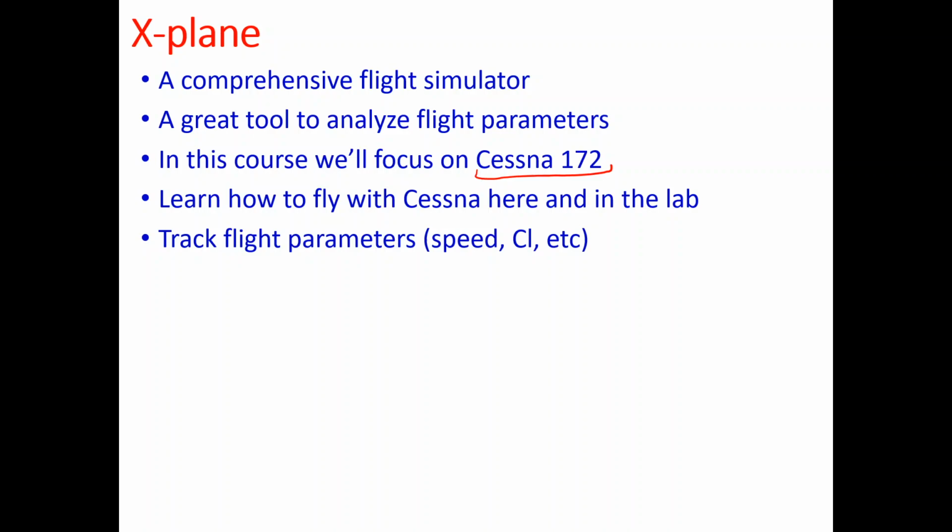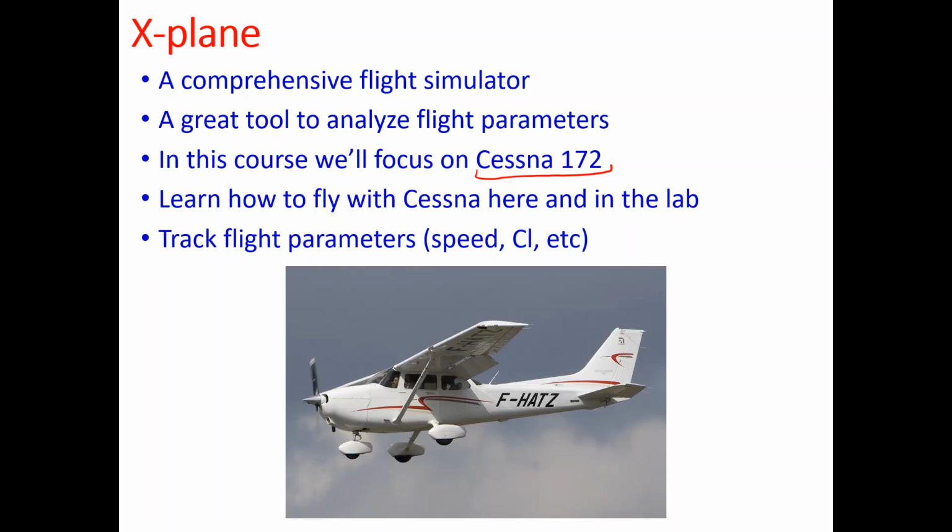So essentially, for the lab, you have to make one modification. This is a picture of Cessna, and I just want to make sure that you have a record of this. You have to make one modification to the aircraft, and this is for lab 2.